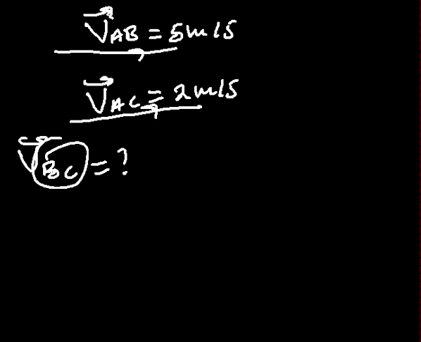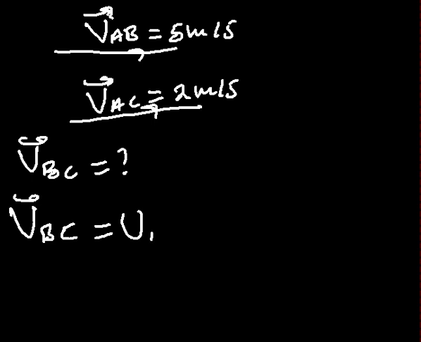So what is VBC? First, we should come up with the expression according to the Galilean transformation velocity, in the sense that VBC will be equal to VBA plus VAC.